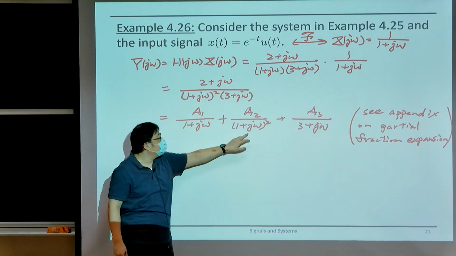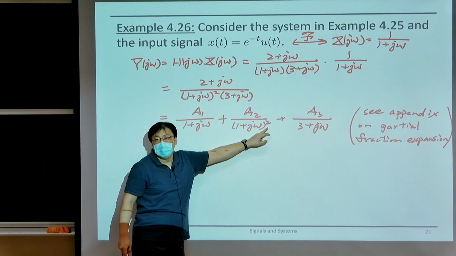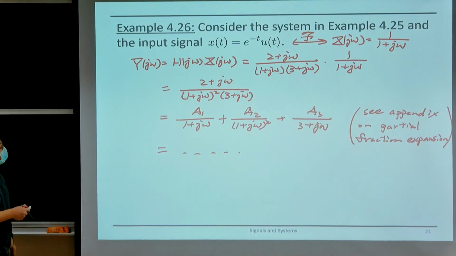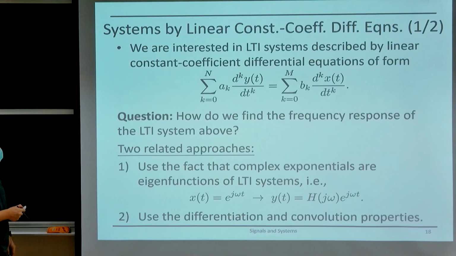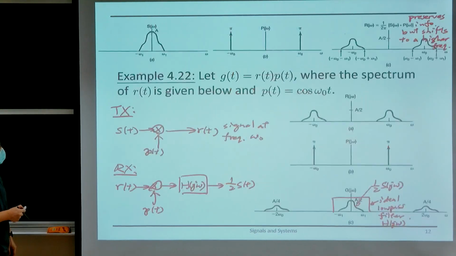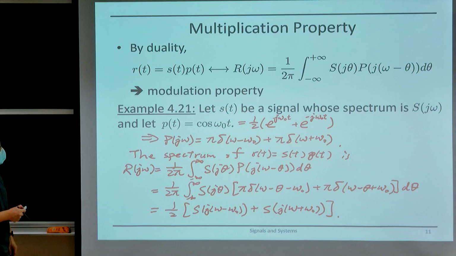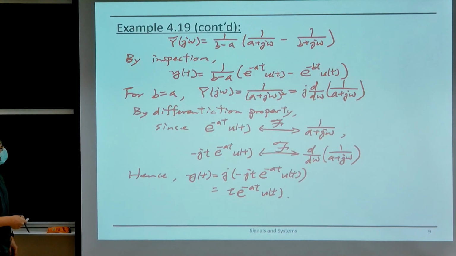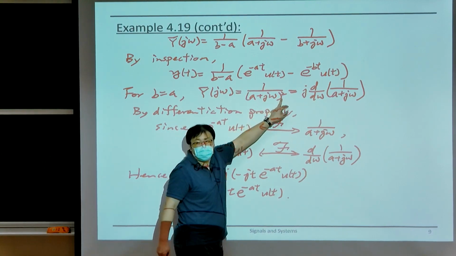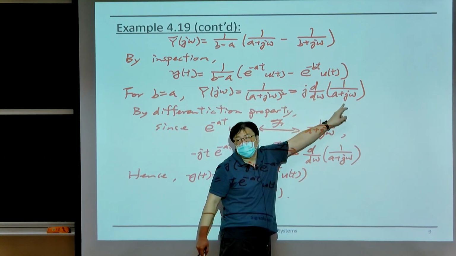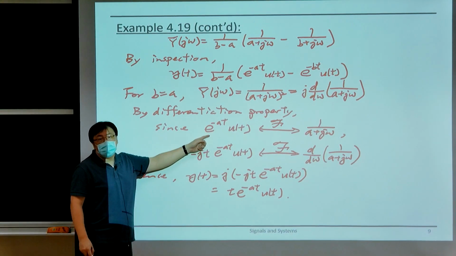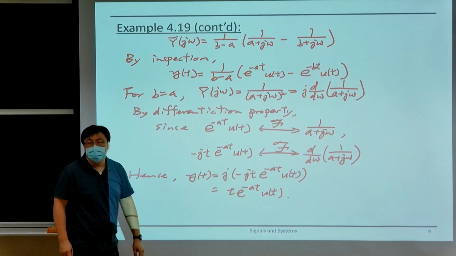But what about this square term? This square term we also showed previously. We can view the square term as the derivative of this first order term, and then you can use the differentiation property to get its inverse Fourier transform.